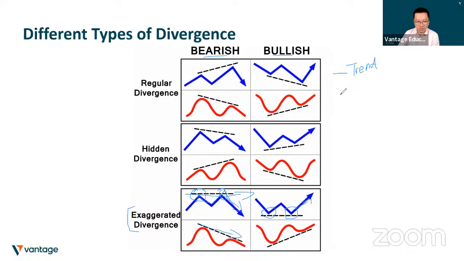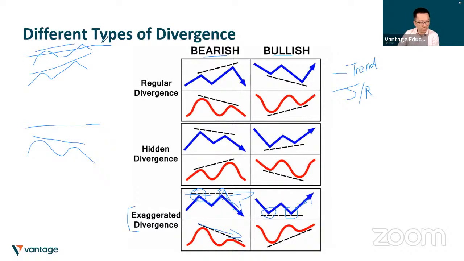I tend to think that divergence works a lot better when we see it at or near a support or resistance level, because if it happens right in the middle, let's say we have a resistance level there, a support level there, and you see price going like that, and then the indicator moving lower with that divergence forming, it is not going to be as strong as if we actually saw it happening right at that resistance level.